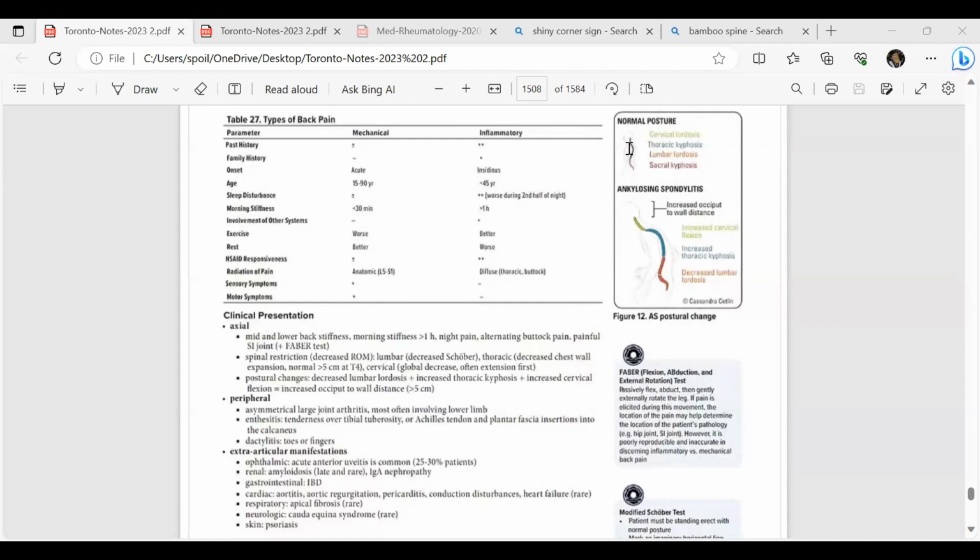The normal posture is like this, and this one has been decreased. Spinal restriction will be there, and because of this posture there will be a decreased range of movements. And thoracic also, because the shape of the spine has been distorted.